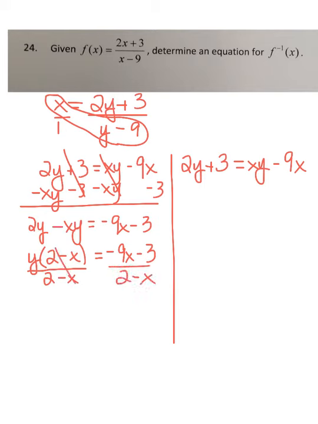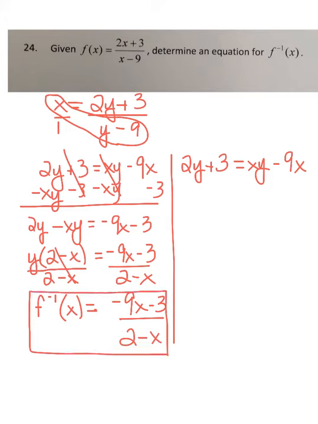And remember, I'm not going to write y equals because they're using function notation. So I'm going to write f inverse of x equals negative 9x minus 3 over 2 minus x. And there's your answer for the inverse.